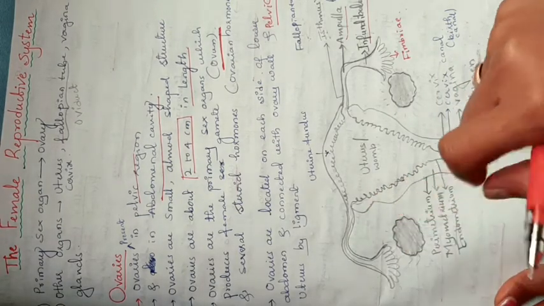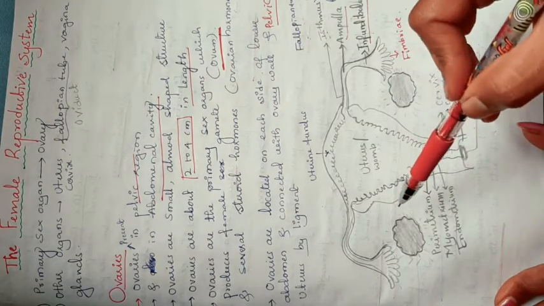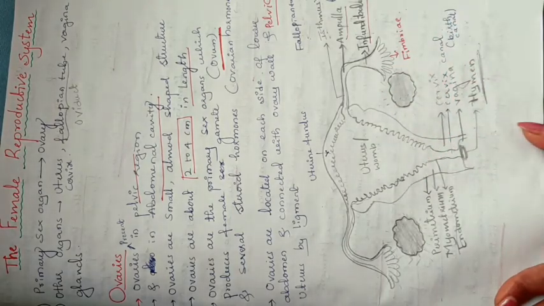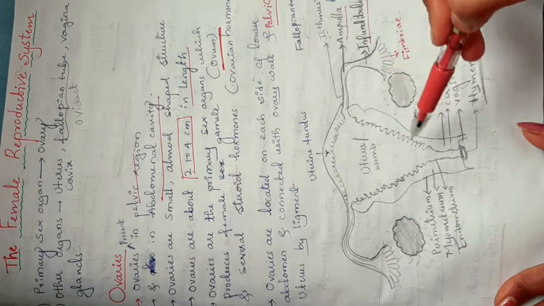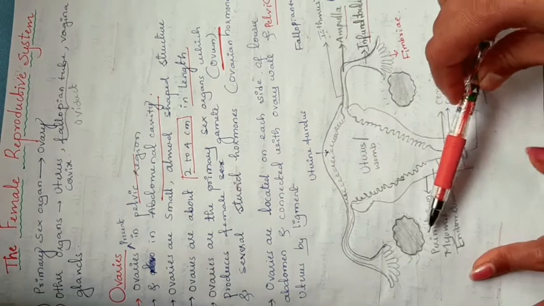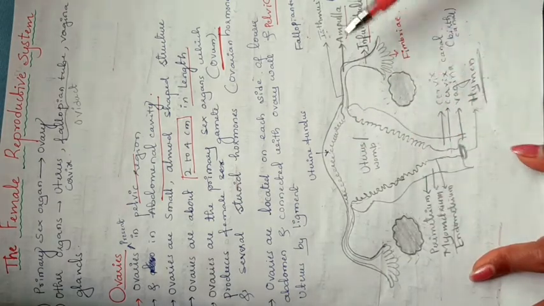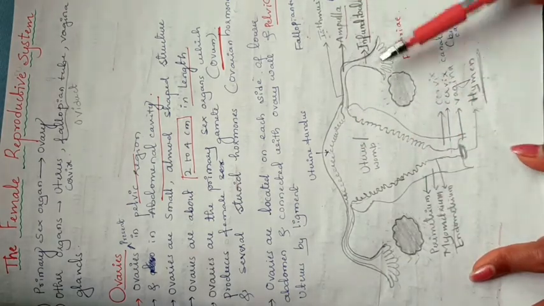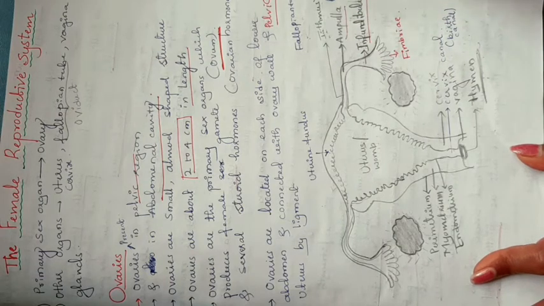They are attached to the pelvic region by ligaments, and to the pelvic wall and also the uterus. Then the tube-like structure which holds the ovary is the fallopian tube or oviduct.